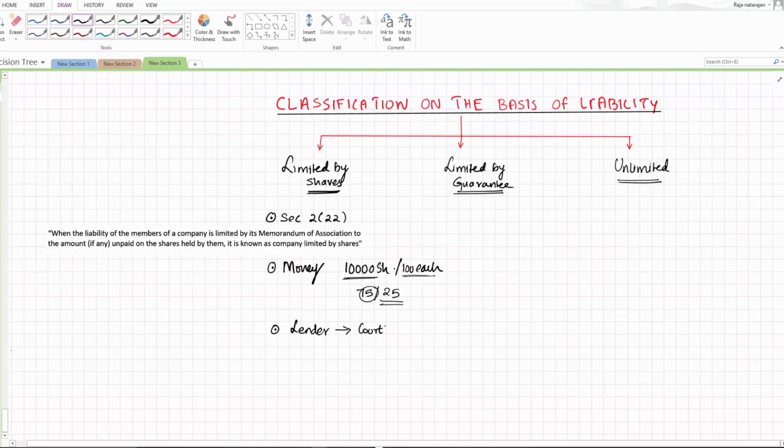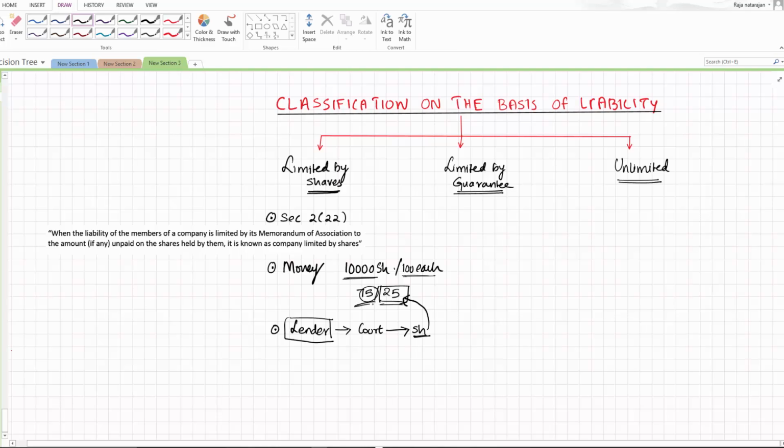And how is the company going to do it? It is going to call the shareholders who have not paid this 25, so that money can be used to pay the creditors or lenders. But here it may so happen that the liability to be settled to the lender may be a big amount, but what can be claimed from the shareholders will be restricted to 25 per share, because they have already paid 75.